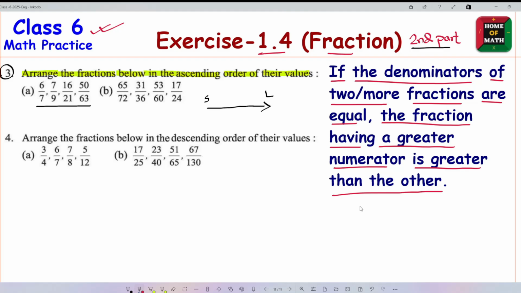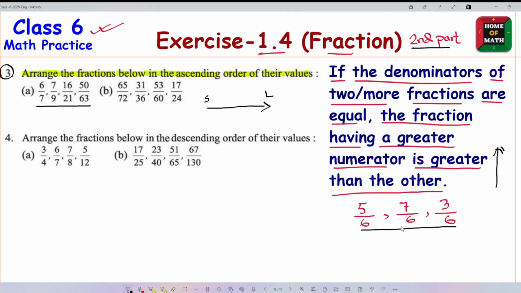Suppose here are 5 by 6, 7 by 6, 3 by 6. The numerators are 5, 7 and 3, but all the denominators are the same.